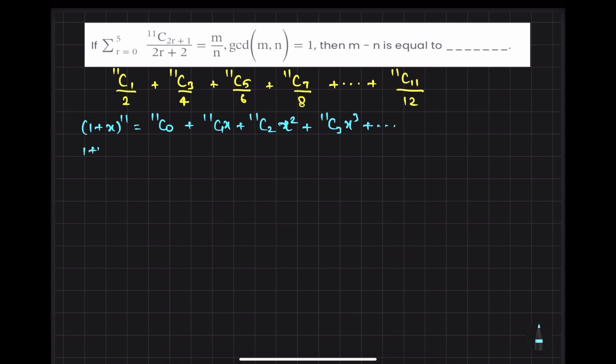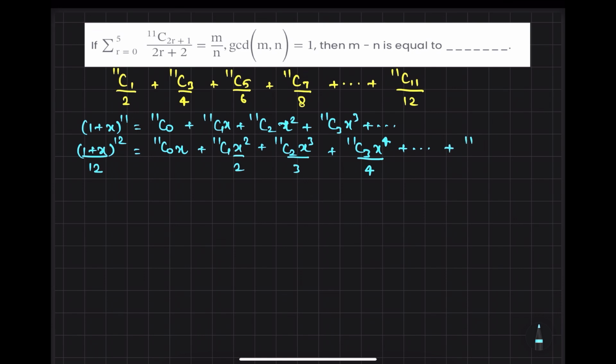So we will have 1 plus x power 12 by 12, 11c0 x, 11c1 x square by 2, 11c2 x cube by 3, 11c3 x power 4 by 4, and so on. The last element is 11c11 x power 12 by 12 plus integration constant c.